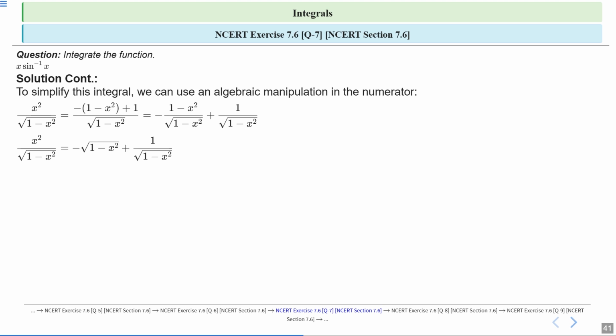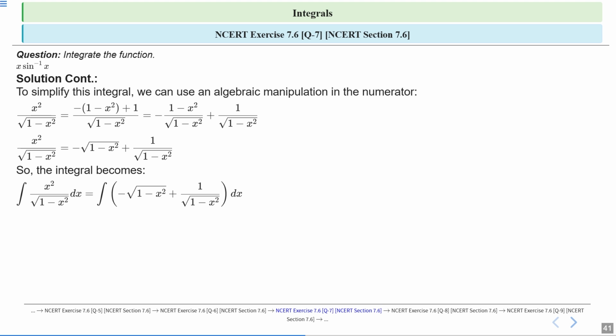So we get minus 1 minus x square divided by square root of 1 minus x square plus 1 by square root of 1 minus x square. When we cancel the square root, we get minus square root of 1 minus x square plus 1 by square root of 1 minus x square. So the integral becomes minus integration of root under 1 minus x square plus integration of 1 by root under 1 minus x square.